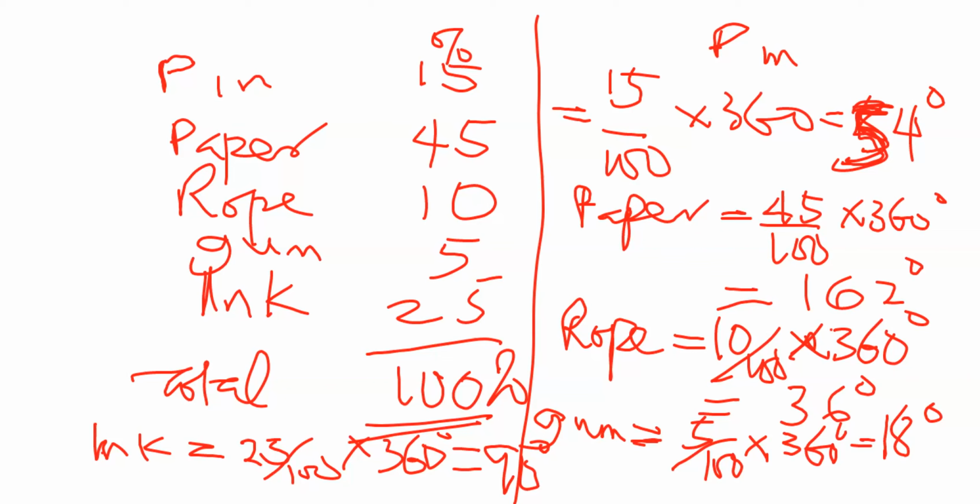Roman figure 1 is to draw the circle and allocate, which I'm going to draw on the board. But Roman figure 2, I hope that is taken. Rope is 36 degrees, gum is 18 degrees, pin is 54 degrees. So 36 plus 18 plus 54, I believe a value must have been gotten by now. And that is the answer for Roman figure 2. Any questions?